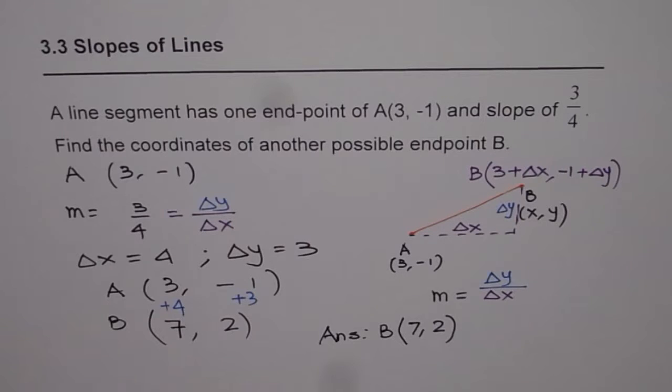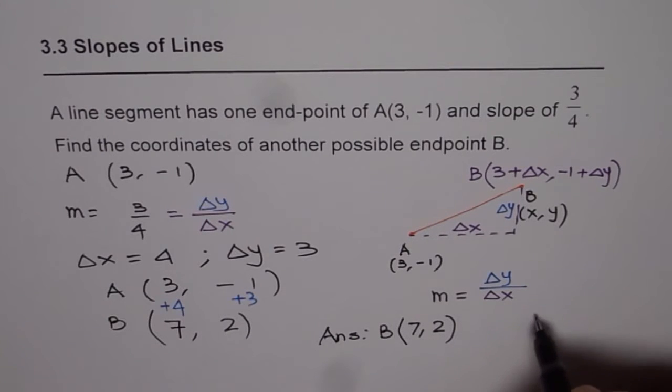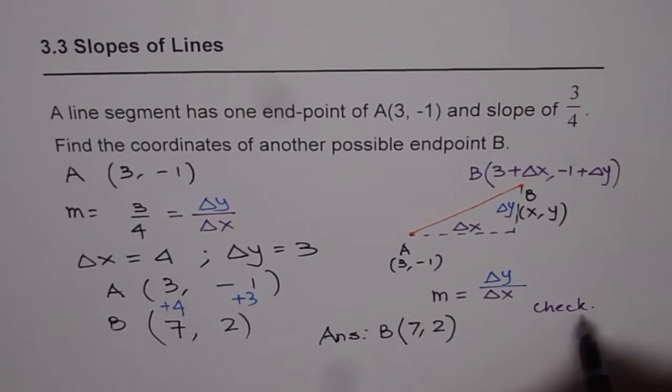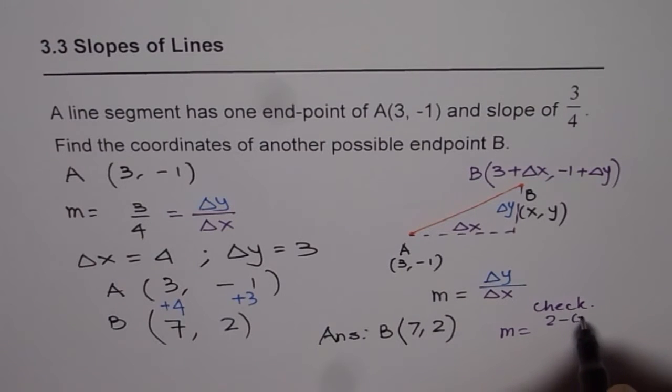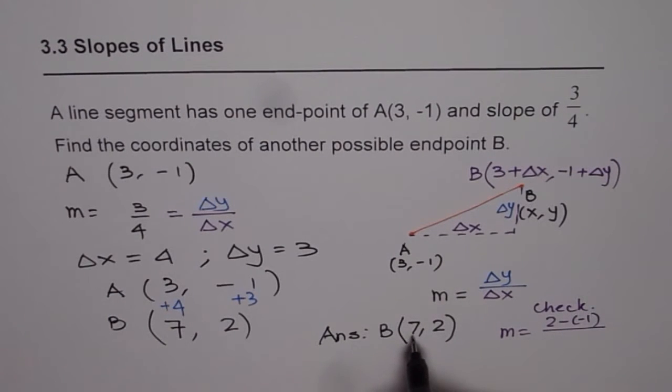Well, we would also like to verify it, correct? So let's verify. How can we verify? Let's use the standard slope formula. Slope is the change in y values, that is 2 minus -1, over the change in x value, 7 minus 3.